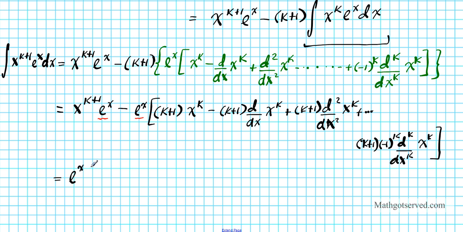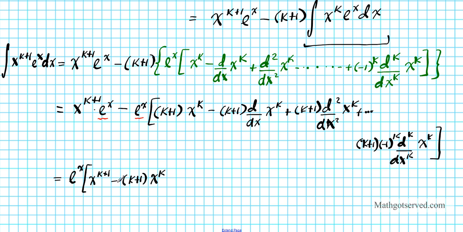If I factor out e to the x, I'm going to be left with the expression x to the k plus 1, which stays by itself here because it lost its e to the x by factorization. This is also factored out, but now I'm going to distribute a minus to everything. Now I'm also going to reorder my products, so this one can just be written as k plus 1 times x to the k.